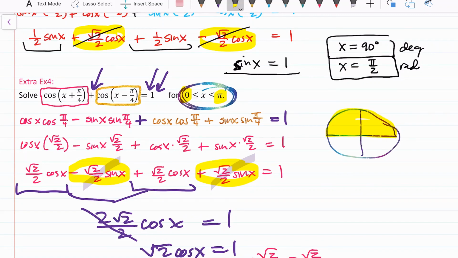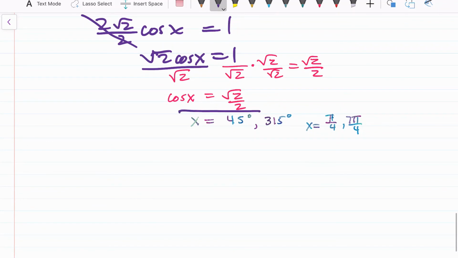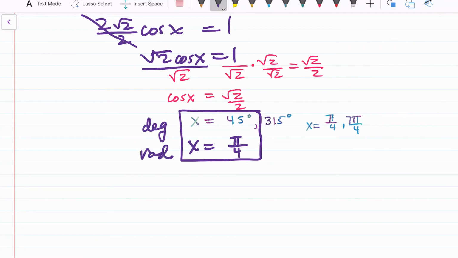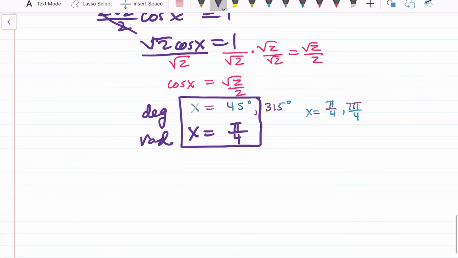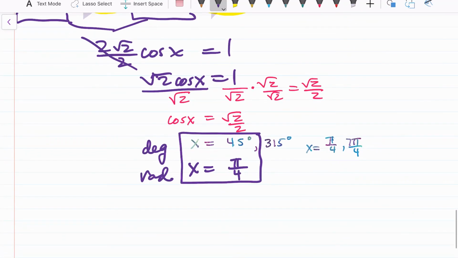So that means that we only get to pick an answer in this range. So we have to pick the 45-degree answer, which is the same thing as pi over 4 if you're writing it in radians. And that's it. So hopefully you understood how to do those. We'll go over questions if you have them during the week.